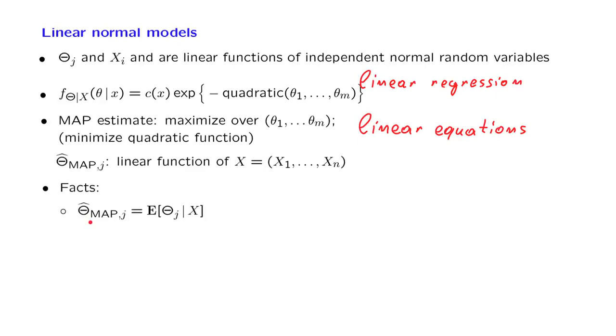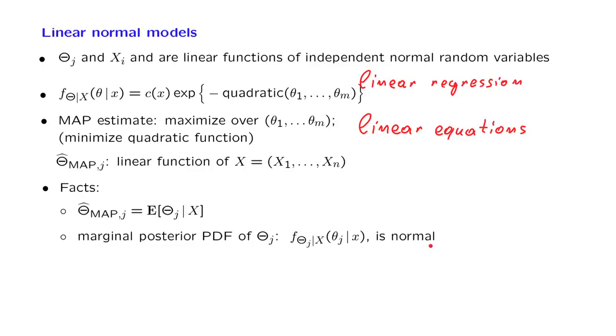One fact is that the maximum a posteriori probability estimate of some parameter turns out to be the same as the conditional expectation of that parameter. Furthermore, if you look at this joint density of all the theta parameters, and from it you find the marginal density of the theta parameters, always within this conditional universe, it turns out that this marginal posterior PDF is itself normal.